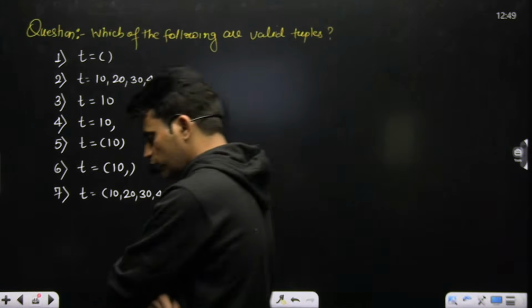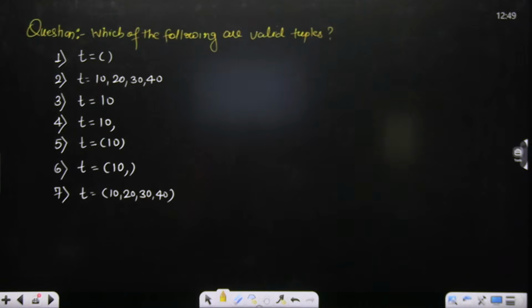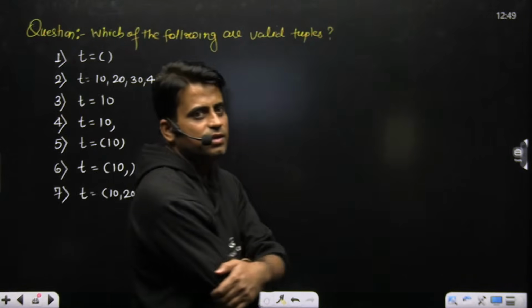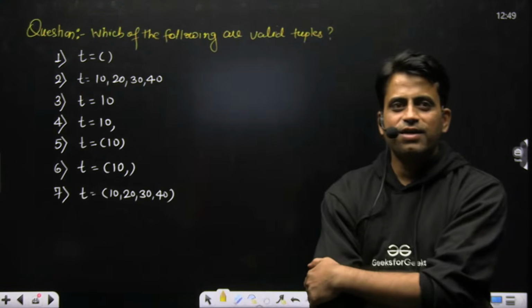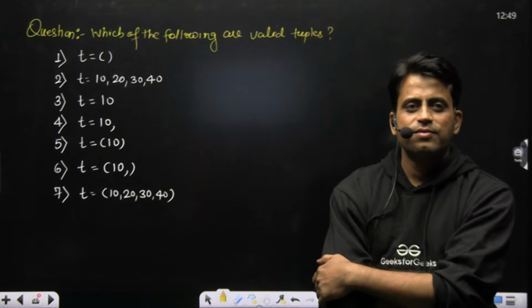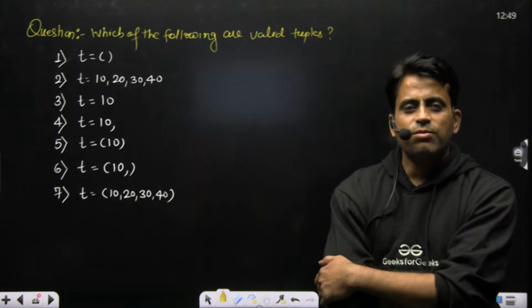Sidhu is saying 2, 4, 6, 7. One is not valid. Sidhu, what about one? Is the first valid or invalid? What about the first, student?